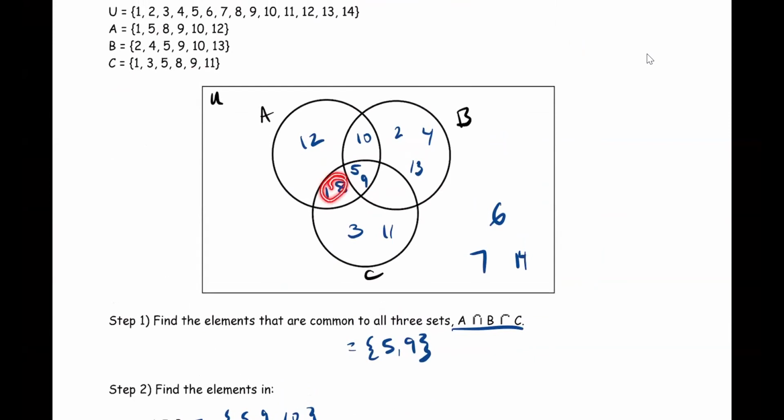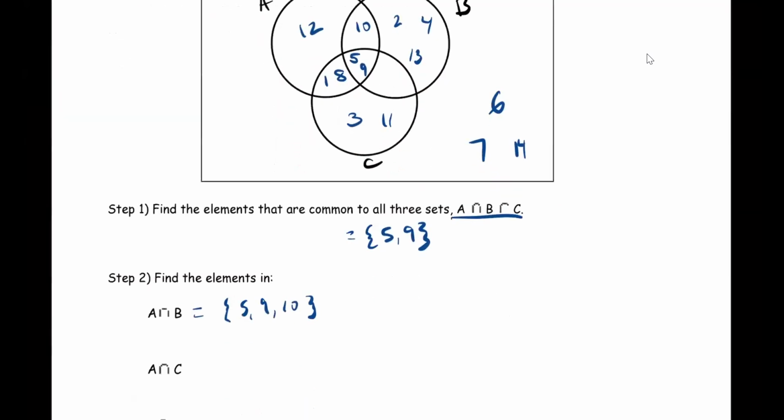You don't have to do them in exact order, as long as you do the intersection of all three first, and then either of the next ones. It doesn't matter which of the 3, as long as you do those 3 next.